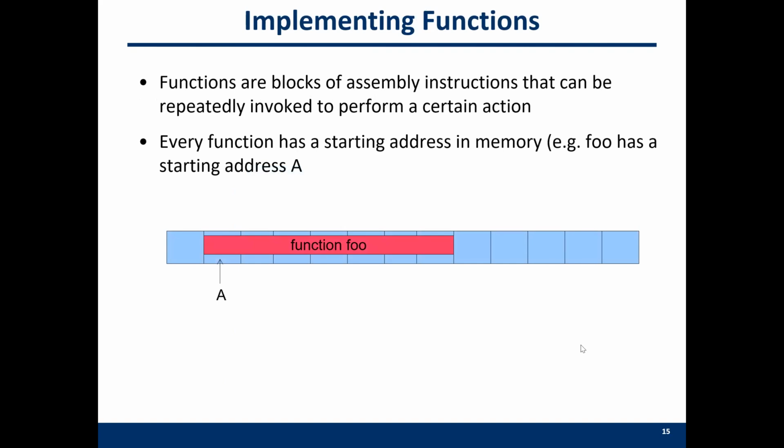In the assembly language, we can also implement some functions, so that you can send different parameters to that function and get different results. Every function has a starting address in the memory.